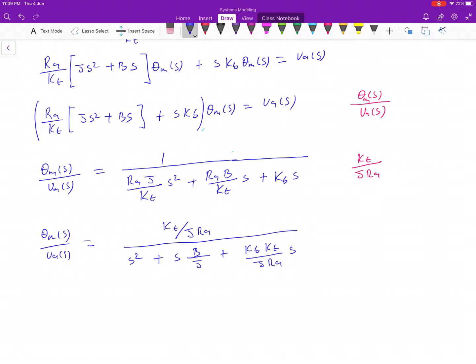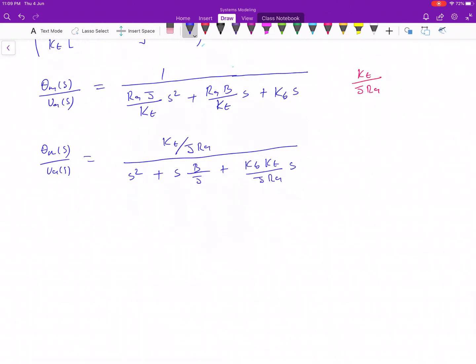Just to clean up this equation again, what I can do is factor out the s and the 1 over J. I'm just rewriting this equation so that I have it in a very nice standard form, because as I said, if you are asked to find the pole location of a system, you need to be able to see which part is which.